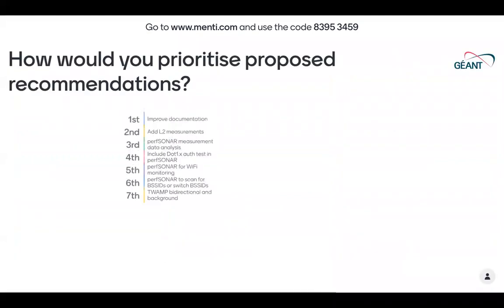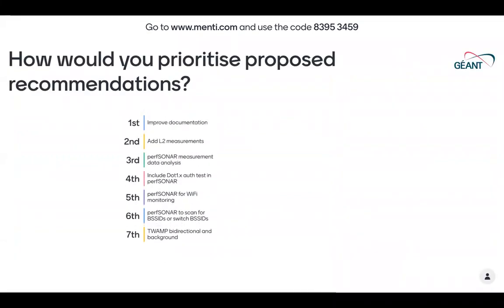So let's continue and have a look at these 8 or 7 recommendations that we extracted from the workshop. If you as perfSONAR users are presented this list of recommendations, how would you prioritize them, or which are the ones that are more interesting, more appealing to you?